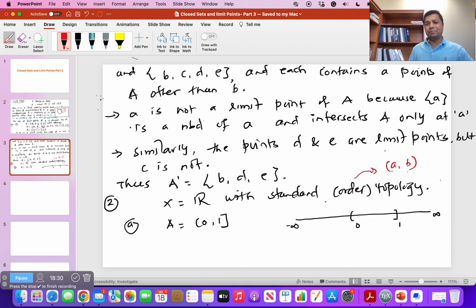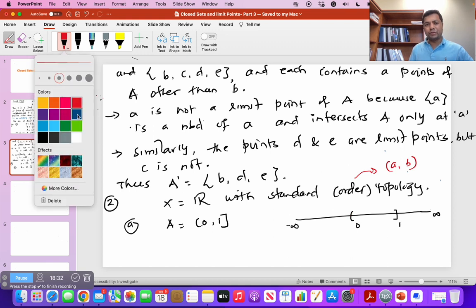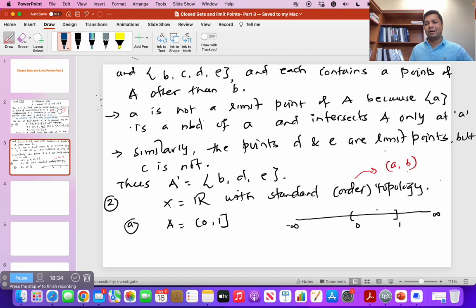If 0 is a limit point, then every neighborhood of 0 should intersect the set A at some point other than 0. A neighborhood of 0 is an open interval containing 0, so some part is going to be on the left side of 0 and some part on the right side of 0.